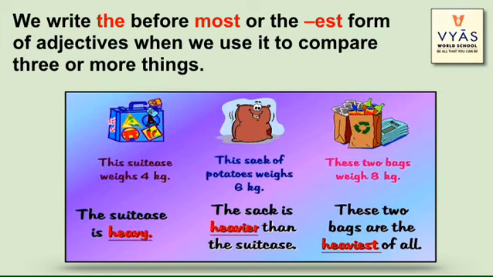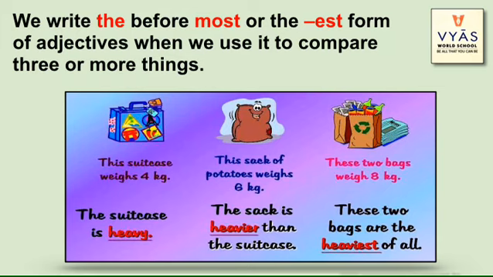So the sentence would be, the sack is heavier than the suitcase. I repeat, the sack is heavier than the suitcase. We have used IER because we are comparing here sack and the suitcase. Now, if we have 2 bags in this group, now we are comparing 3 things.